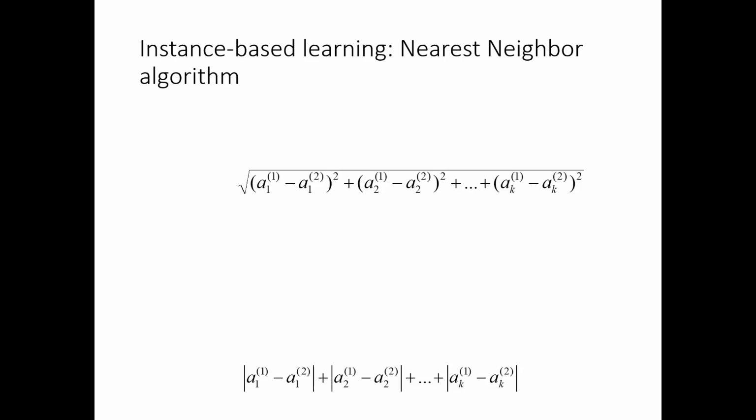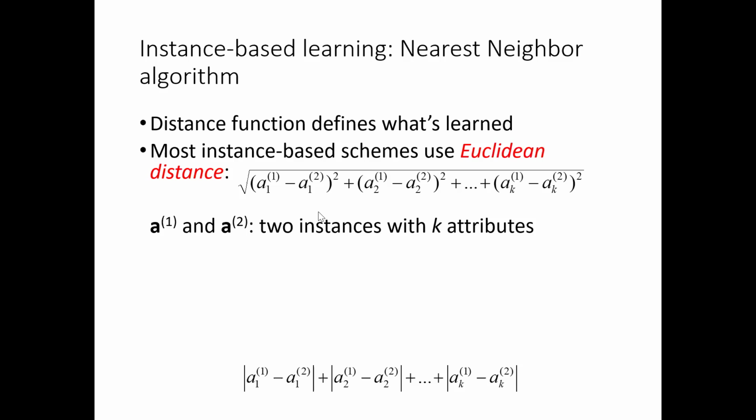Mathematically, if you represent this, what you can do is simply use the geometrical distance. In this particular case, we have several attributes, let's say k different attributes, not just x1 and x2.